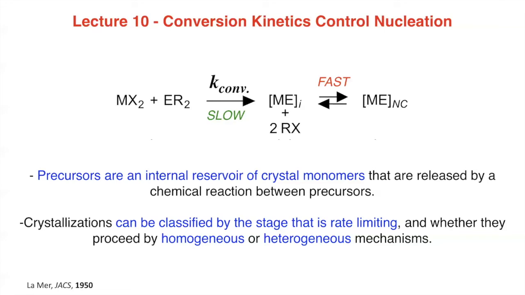And so in homogeneous nucleation and growth mechanisms, it's thought that this part of the reaction is slower than this part. And really the kinetics of growing the crystal are dictated by the conversion of this starting material.